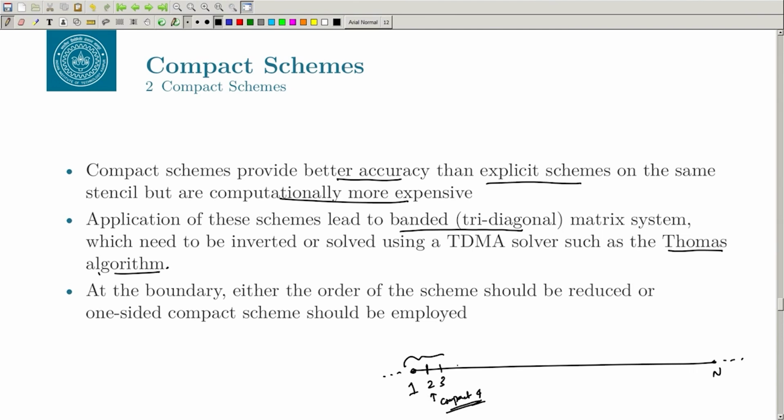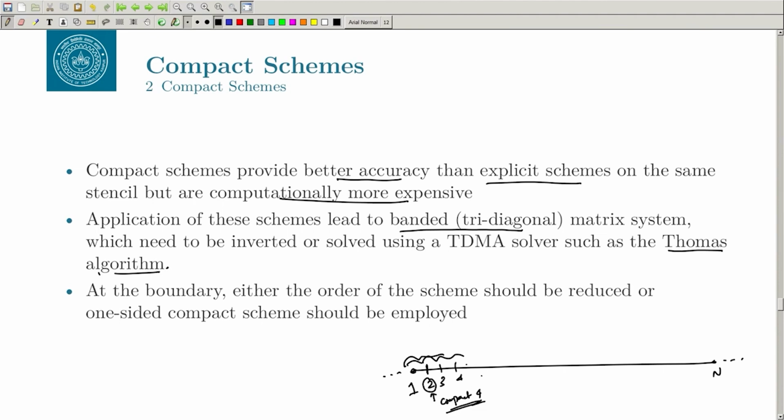The other way to do it is to use a one sided stencil. That means you want to calculate the value at 2, but use the points at 2, 3 and 4, for example, or maybe 2, 3, 4 and 1. So you need to use the one sided formulation for the compact schemes.